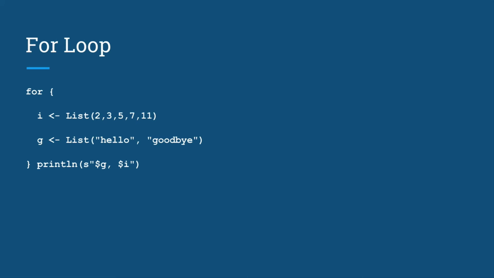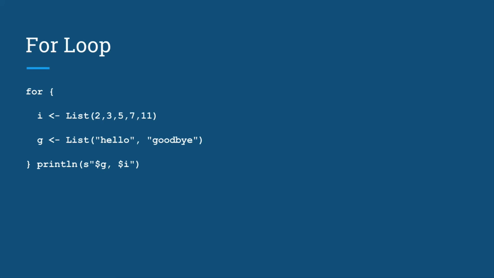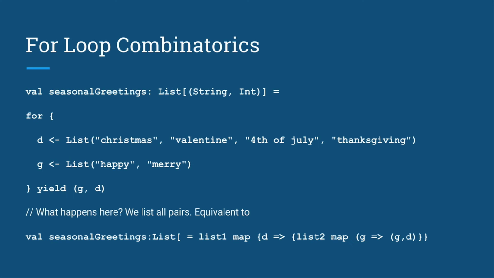It's being transformed into a map that will call this on all these values. So it's a map inside a map. Well, here we are just printing it. I believe there was a talk about for loops right before this talk, right? So okay, I'll be fast.